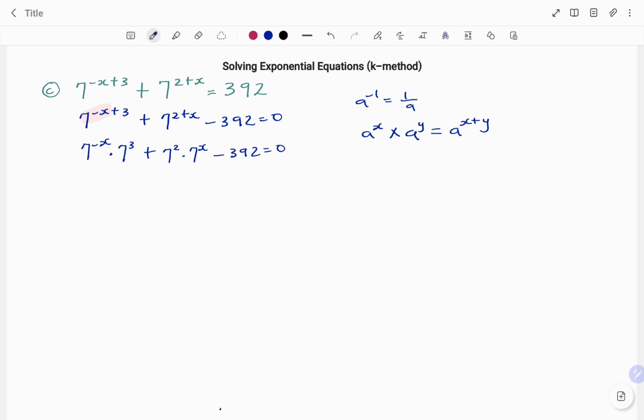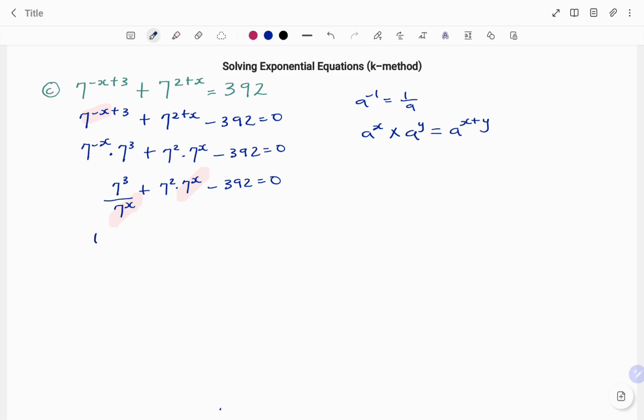Now making the exponent positive, I have 7 to the power of 3 over 7 to the power of x plus 7 squared times 7 to the power of x minus 392 equals 0. Now we have a k because we have 7 to the power of x common.